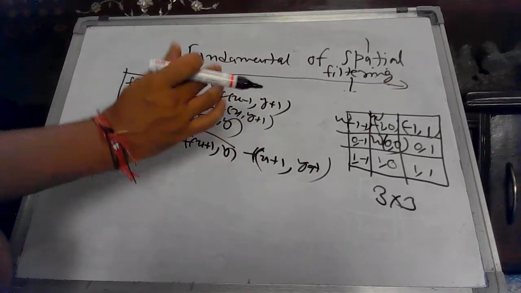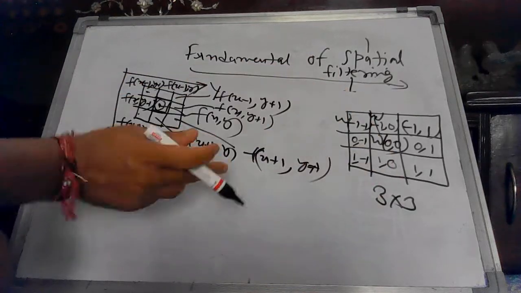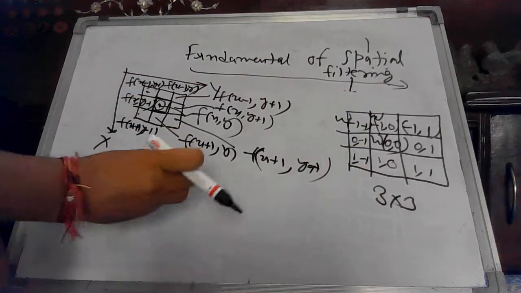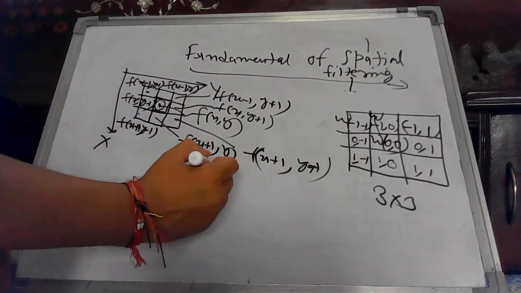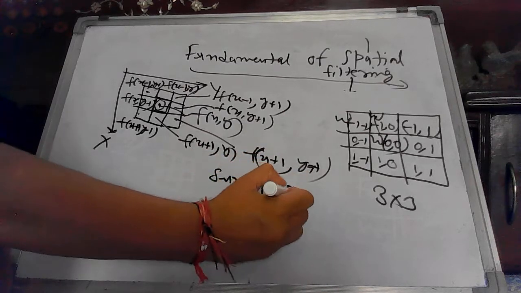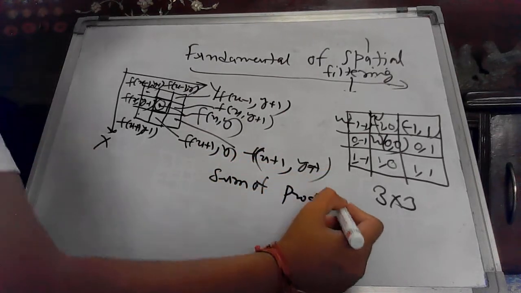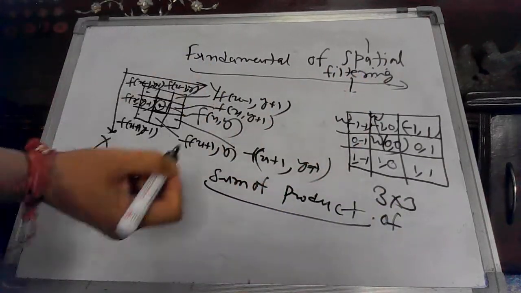Now, whenever you are processing this f x y image using this mask, you simply get a resultant answer. So what is that resultant answer? That is very simple. That is the sum of the product of each and every point location.